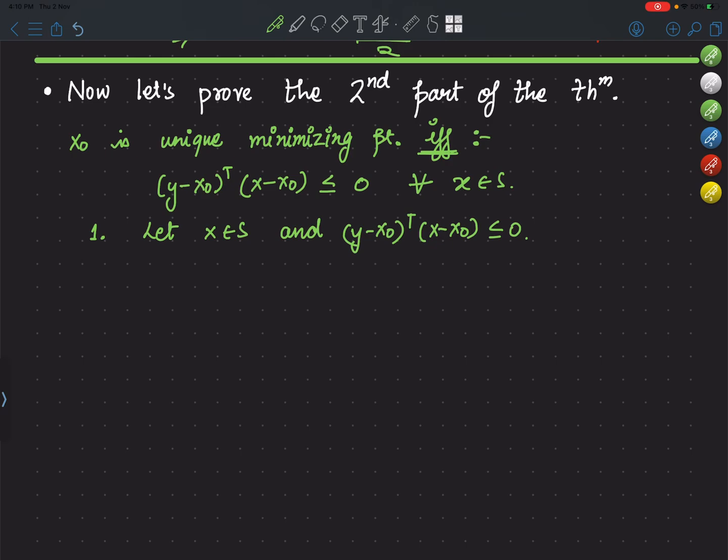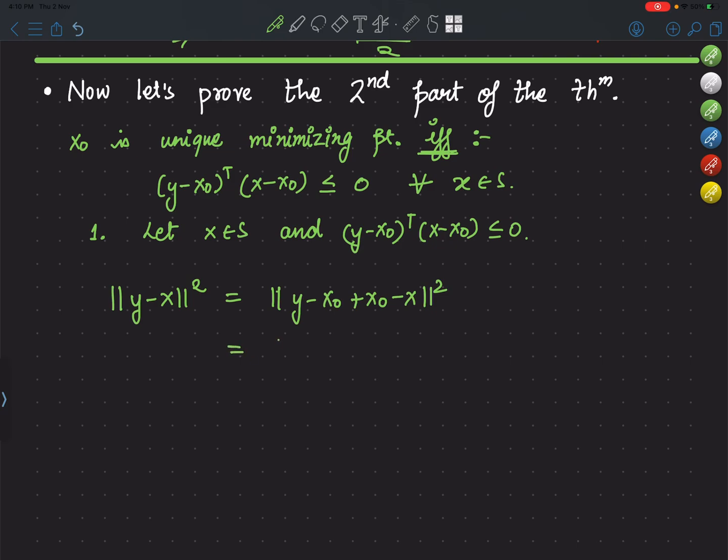What is the distance of any point x in the set S from y? ||y − x||². We can write this as ||(y − x₀) + (x₀ − x)||².